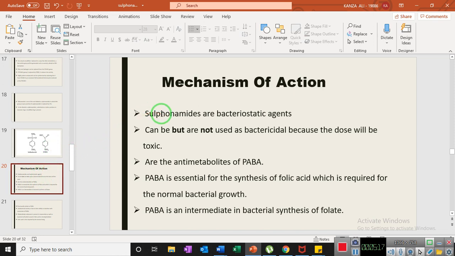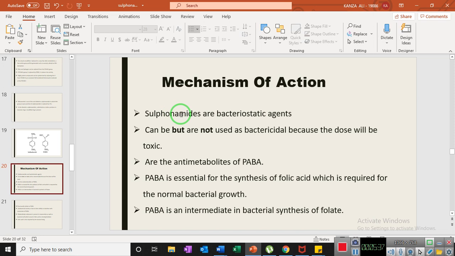In this slide, you have seen the word sulfonamide, but it is better to use the term sulfonylamide here, or derivatives of sulfonylamide, or derivatives of sulfonamides.